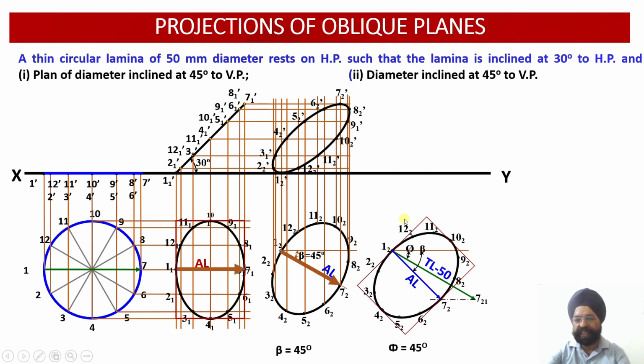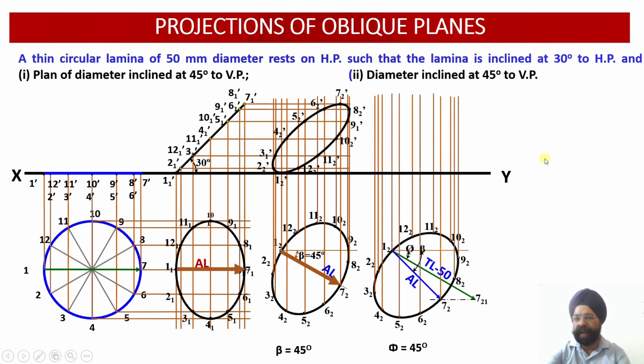Having translated or rotated this figure over here, my projections of the lamina in the top view have been obtained when the diameter was inclined at an angle of 45 degrees to the vertical plane. And finally, the front view has to be obtained. Once again, the same procedure for all the 12 points: we take the vertical projectors upwards.